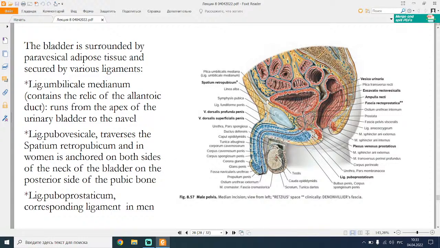We see vesica urinaria. This is the apex.